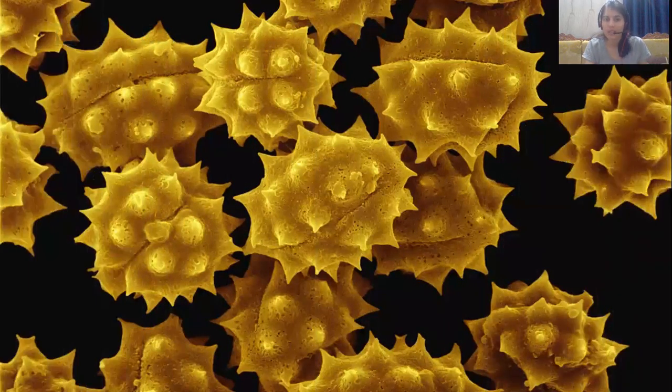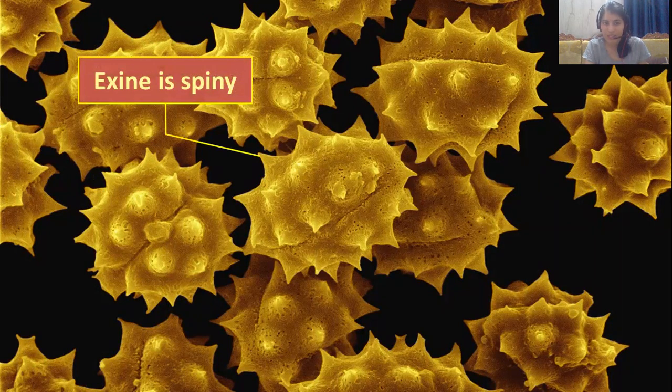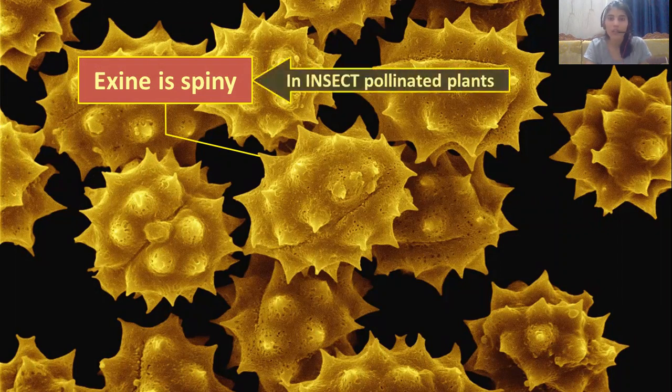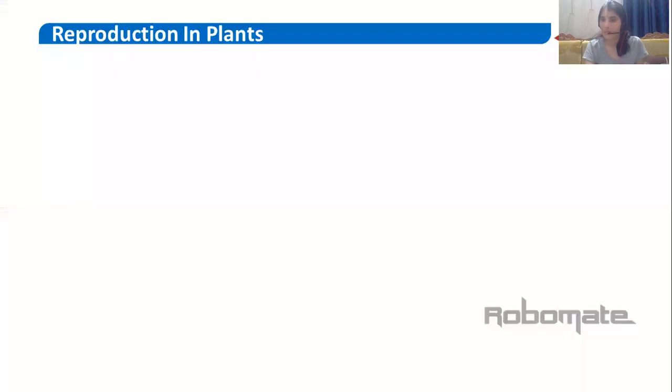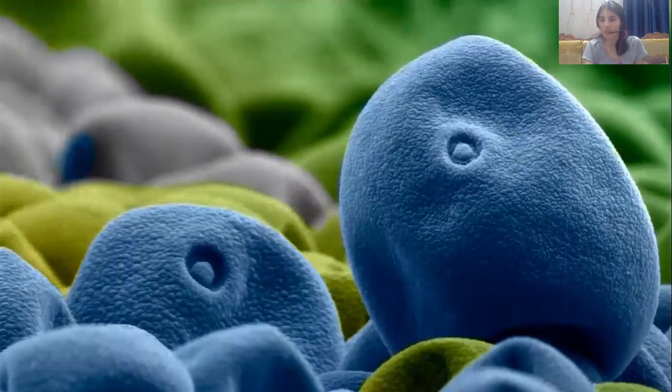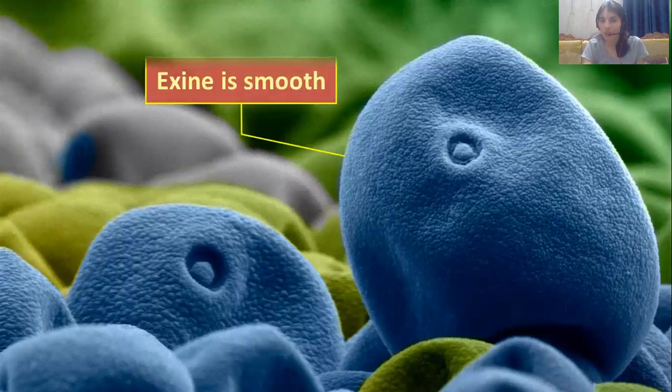Now see, these are all microspores, and these spines you can see are nothing but the exine. So here the exine is spiny, and we find it in insect pollinated plants. The exine can also be flattened or smooth.